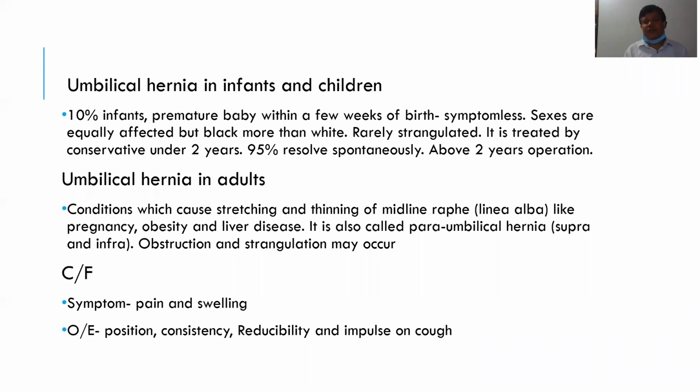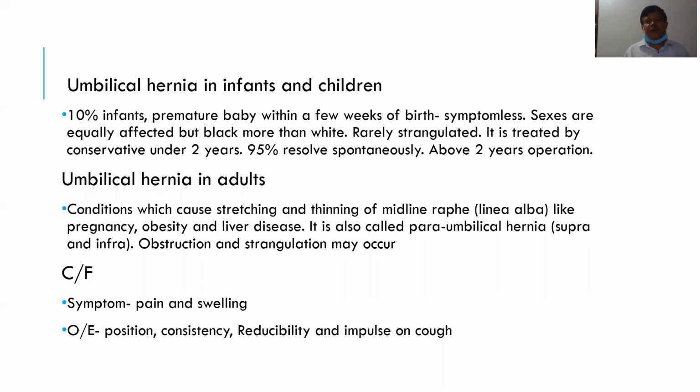is usually not strangulated because the neck is a wide gap. Usually this type of hernia, which is present in infants after weeks of birth or even in children, is treated conservatively if the age of the child is below 2 years. By a coin treatment, a coin can be placed over the swelling and pressed, and then it may be strapped.